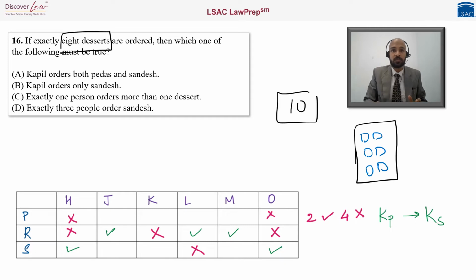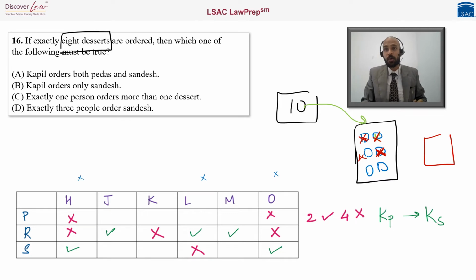We saw that 2 of these had been crossed out, and now there are 4 available. So the maximum is 10, but only 8 have been ordered. It's like saying that there were 4 available, but you chose only 2, which means there has to be an additional cross in 2 more, right? So there are some vacant positions on which you're putting a cross. You have to see which are those positions in which there could be a cross or a tick. Okay, let's go for it together.